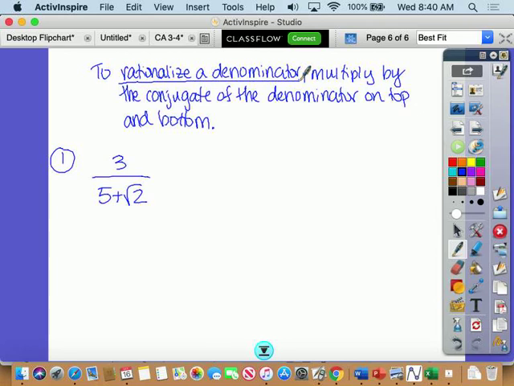I should have been mathy and said multiply by the conjugate of the denominator in the numerator and the denominator, but I thought all those words might just get confused. So top and bottom. What is the conjugate of this denominator? 5 minus square root of 2. So we're going to multiply both the numerator and the denominator by 5 minus the square root of 2.